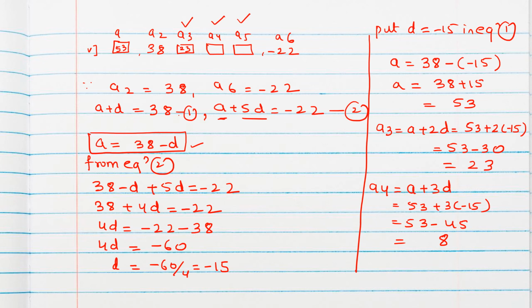So A4 is 8. Now to find A5 we use the formula A plus 4D. A is 53, and 4 times minus 15 gives minus 60, so 53 minus 60. The answer will be minus 7. So here minus 7 will come, that is A5.